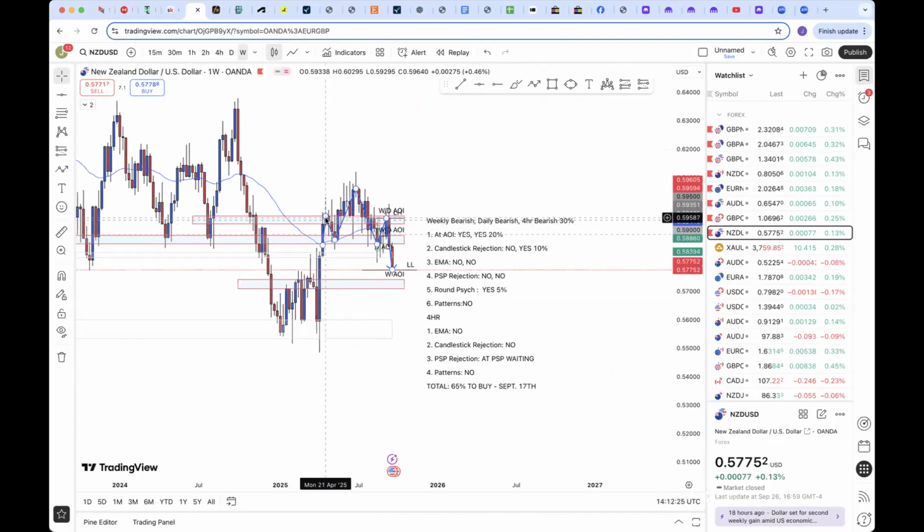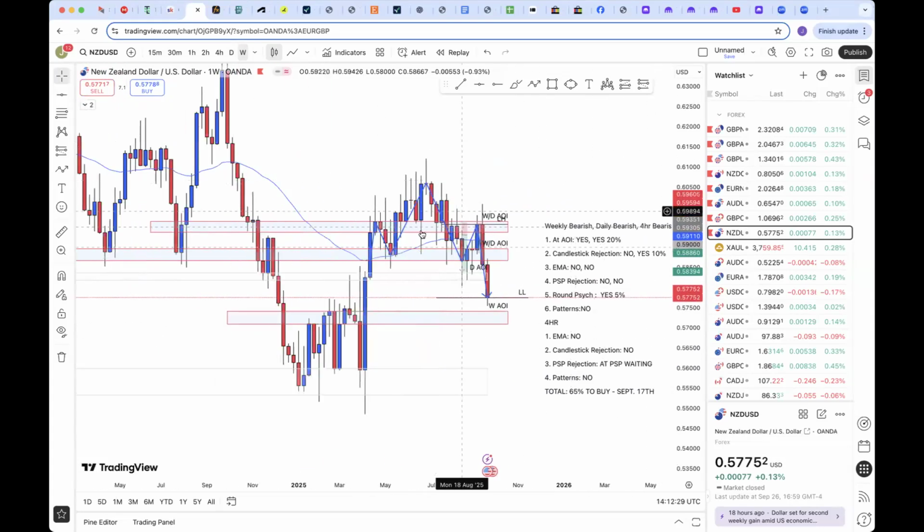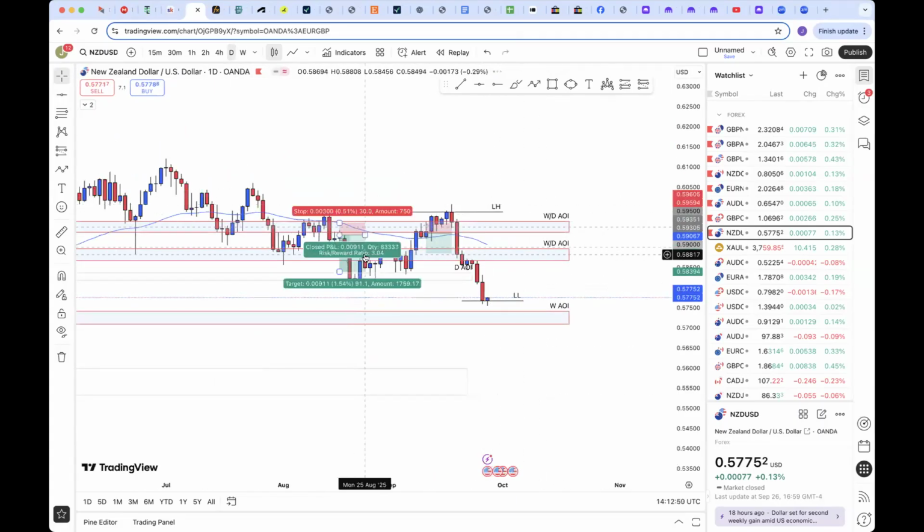I can see on the weekly a head and shoulder forming. So potentially we would be retesting the neckline, which would be this daily weekly area, to then sell. So this is not ready. Maybe it will be ready in 2 weeks. Maybe it'll have a reaction. Maybe I'm gonna buy to this area. But to me, this one is interesting as well.